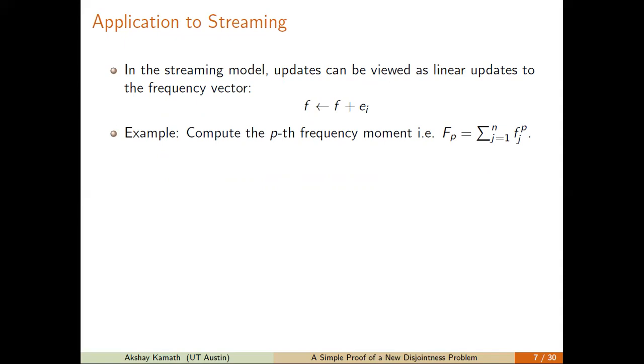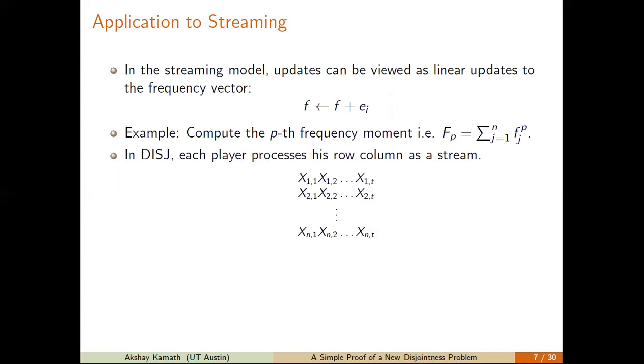So we might wish to prove lower bounds for the problem of approximating the pth frequency moment with approximation factor 2. We can prove this lower bound by showing a reduction from the disjointness problem. In the disjointness problem, each player processes his input column as an input to the streaming algorithm and passes on the state of the streaming algorithm to the next player.